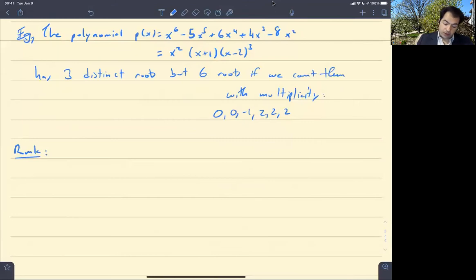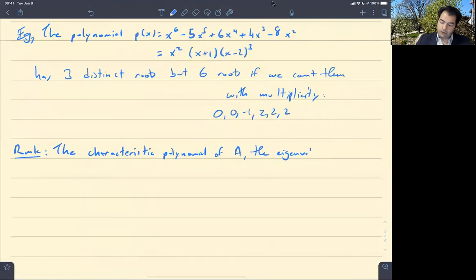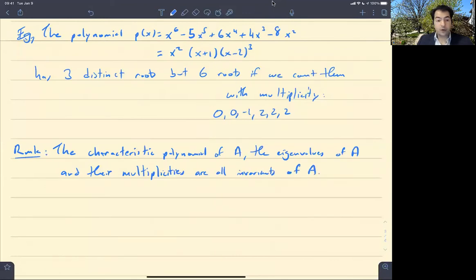So it follows that the characteristic polynomial of A, the eigenvalues of A, and their multiplicities are all invariants of A. Okay, so one thing we've gained is we now have more invariants of A, more ways of distinguishing matrices, whether or not they are similar.